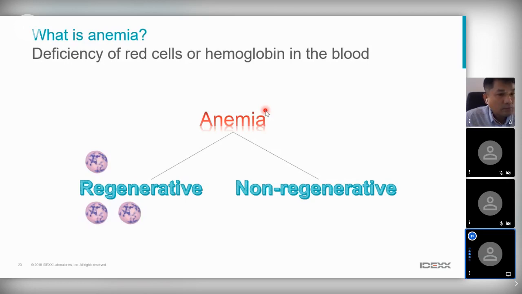But with the help of reticulocytes, we can classify anemia into regenerative and non-regenerative. The regenerative is the one where the deficiency of red blood cells is compensated by increased reticulocytes to support the body function. Whereas in non-regenerative anemia, the reticulocytes do not increase in number to cope with the demand for red blood cells.